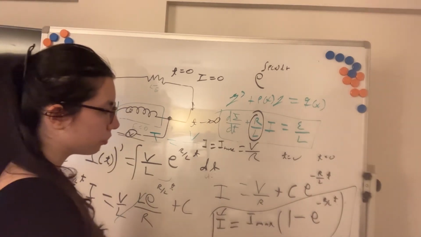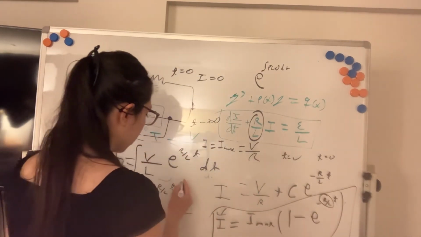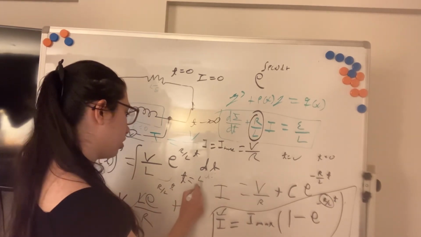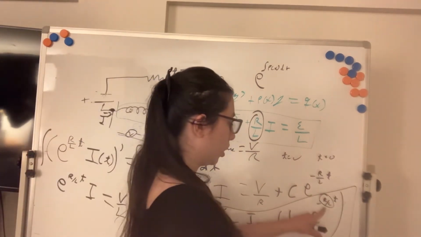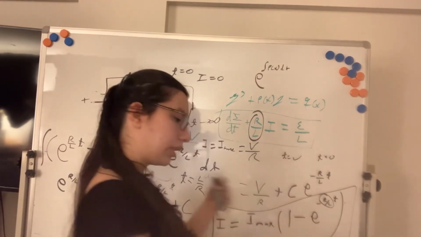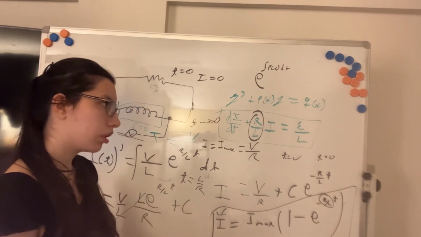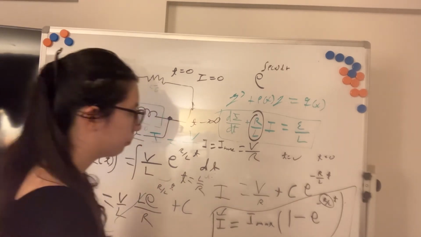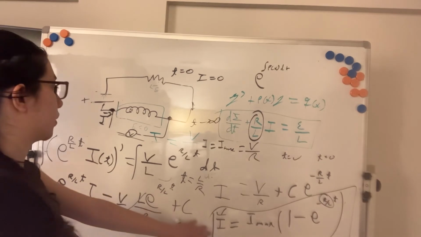It is very important to know R and L, because at time equal to L over R, I have e to the negative 1, and that just means that the maximum current dropped by a factor of e. So that's important. Here we solved the differential equation.